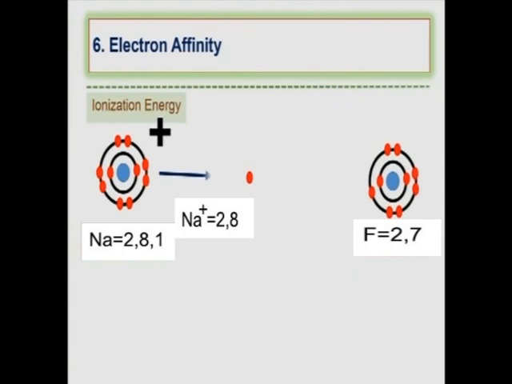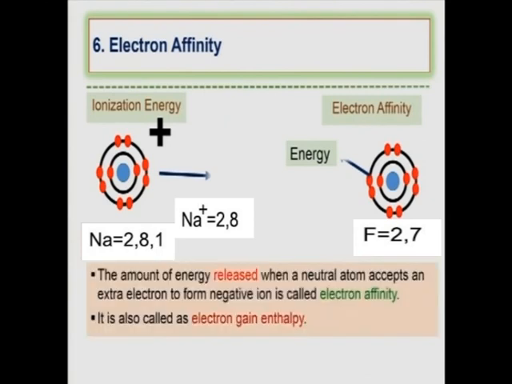On the other hand, let's say there is another atom which receives that same electron, and when it receives the electron, it releases some energy, and that is called electron affinity. The amount of energy released when a neutral atom accepts an extra electron to form a negative ion is called electron affinity. It is also called electron gain enthalpy.